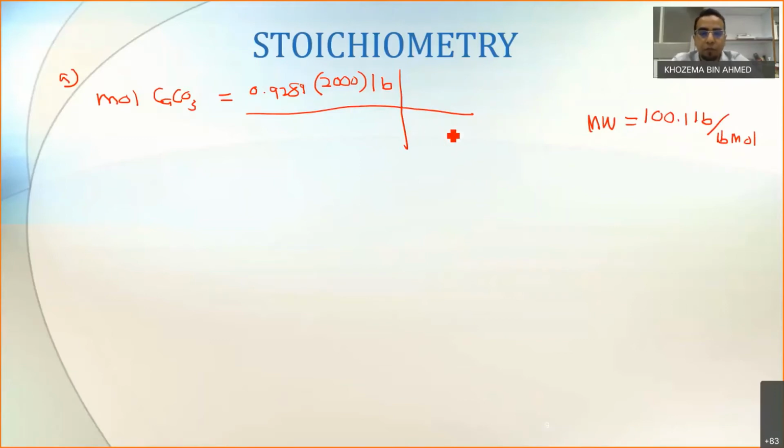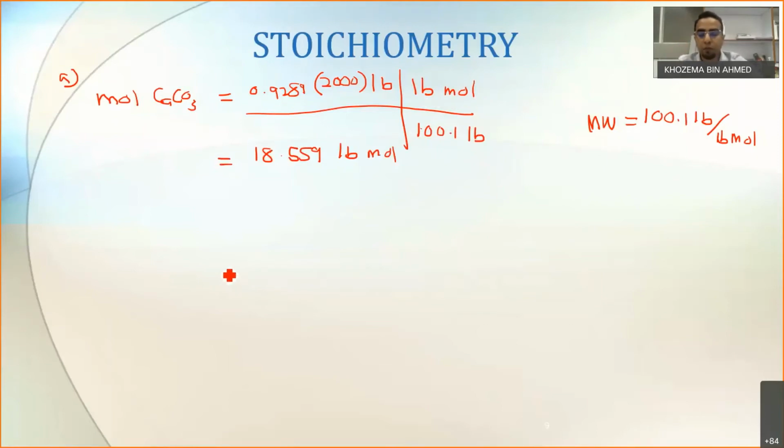So I know that this is my molecular weight, 101 pound per pound mole. So I will get the mole of calcium carbonate going into the furnace, which is equal to 18.559 pound mole. Okay, so I know this is my mole going in.